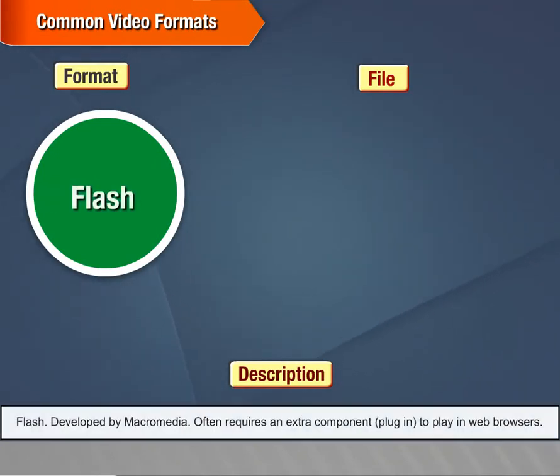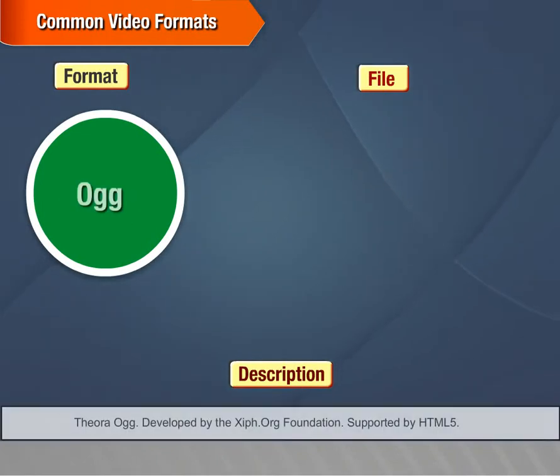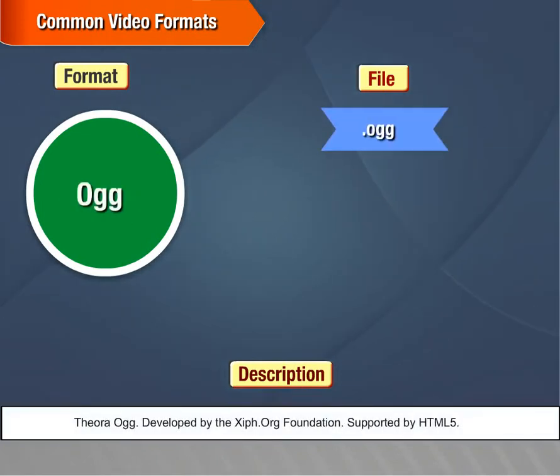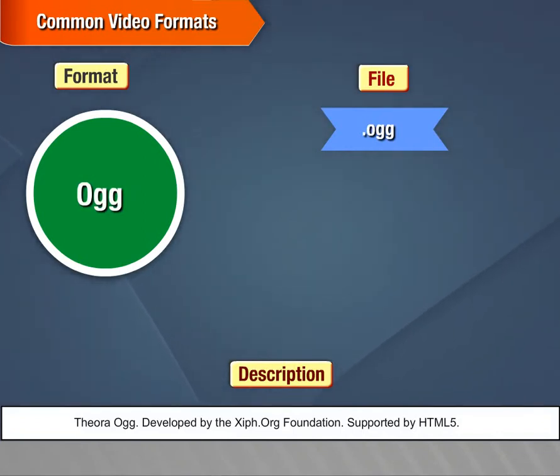Flash, .swf, .flv. Flash, developed by Macromedia, often requires an extra component, that is a plug-in, to play in web browsers. OGG, .ogg. Theora OGG, developed by the Xiph.org Foundation, supported by HTML5.